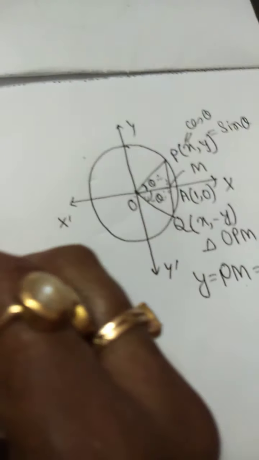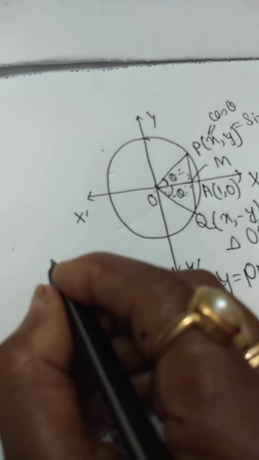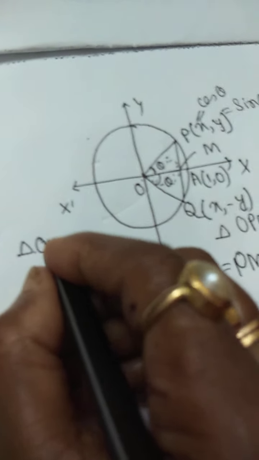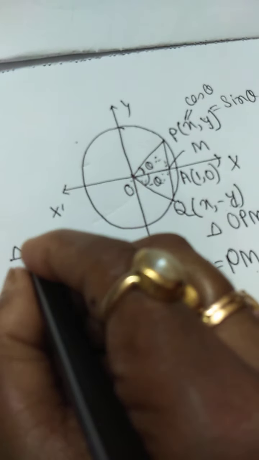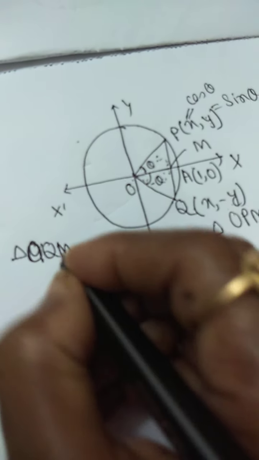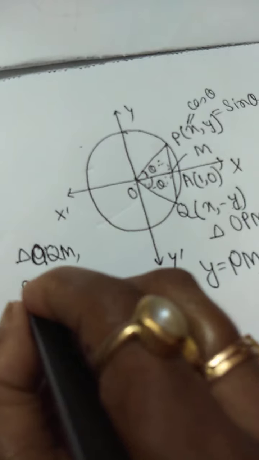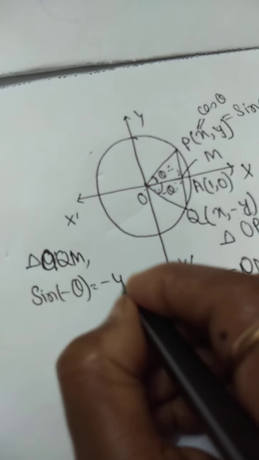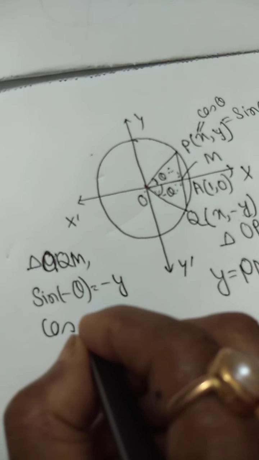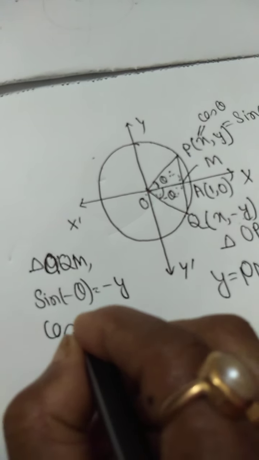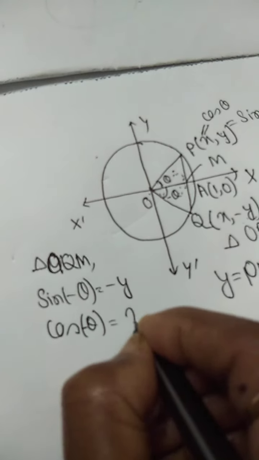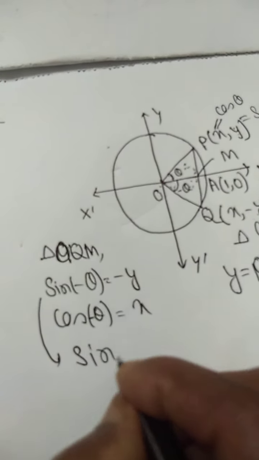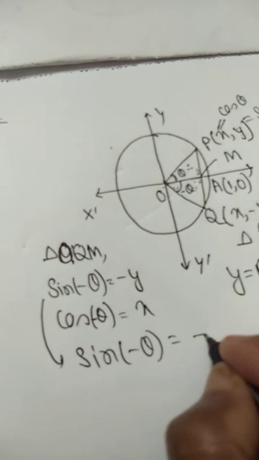So from here, from this triangle OQM, sine of minus theta is nothing but minus y, and cos of minus theta is nothing but x.